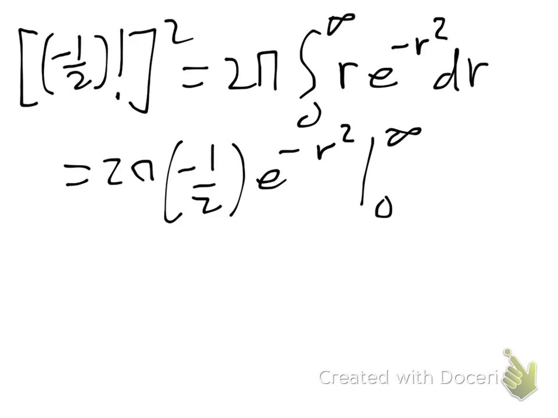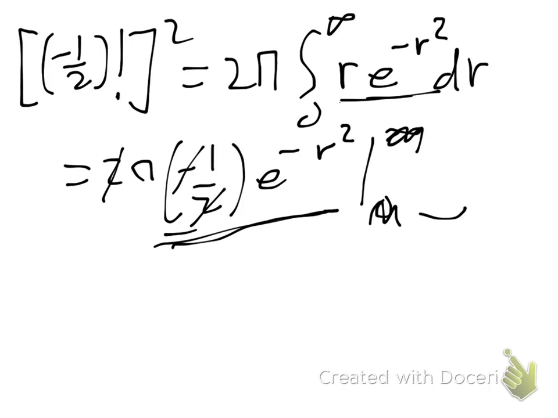Because this is the antiderivative, you can check: when you take the derivative, a minus 2r comes down, so the minus 2 cancels with this minus 1/2, and then there's the r, and the derivative of the exponential stays the same. These 2's cancel, and I like to always say that you can take away the minus sign if you just switch the limits of integration like that.